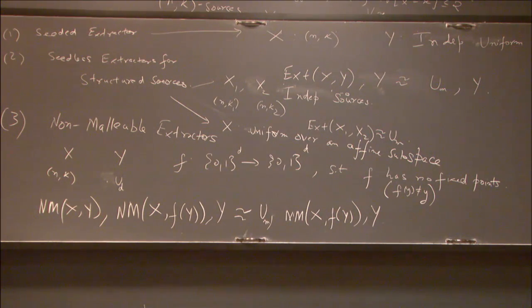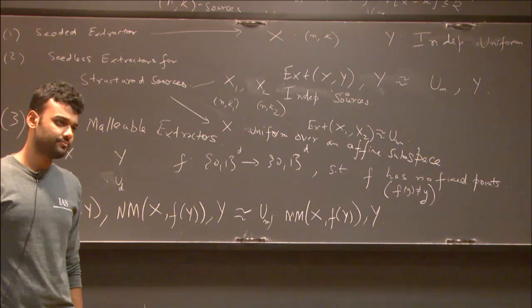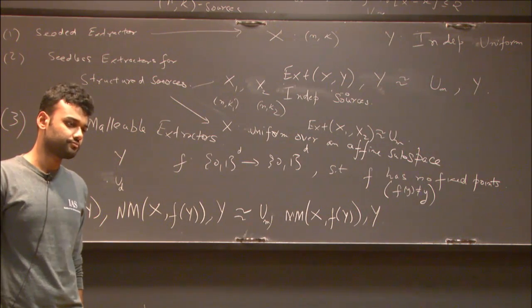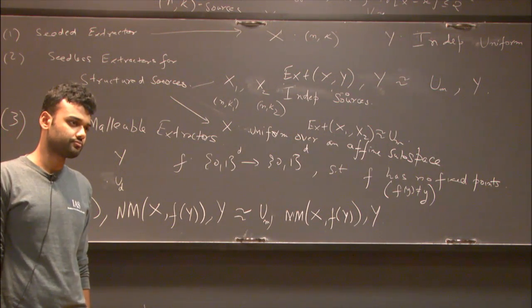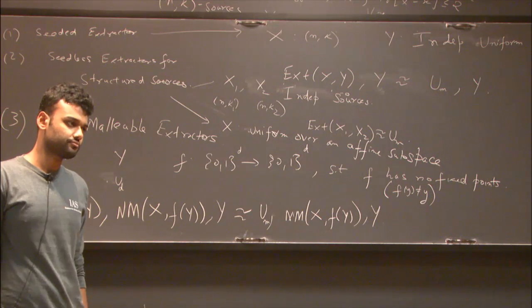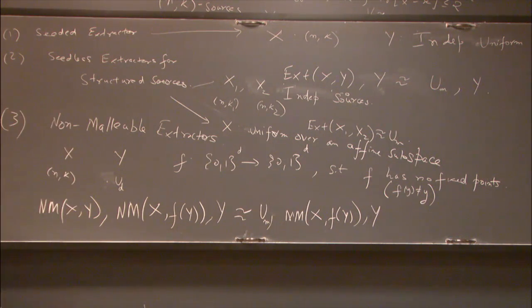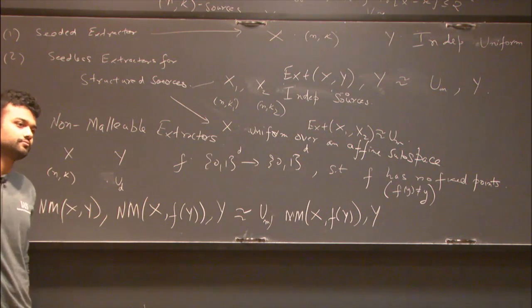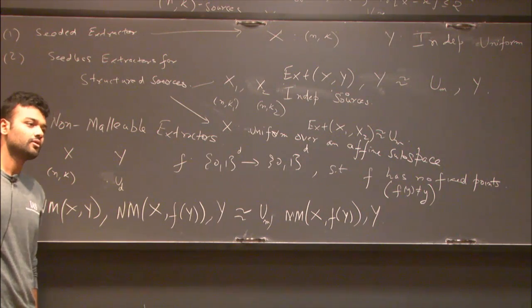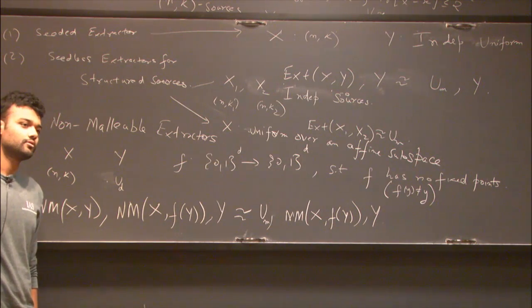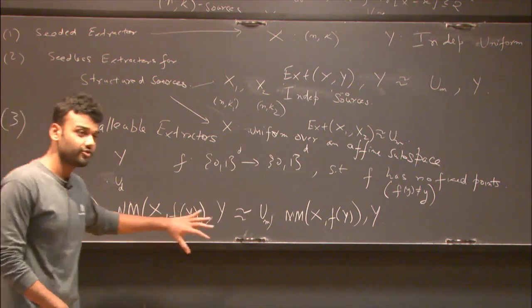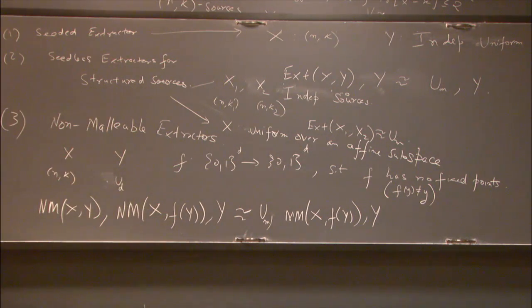In cryptography, there is an adversary that picks f, so it can want to do something different than a permutation. They can map multiple things to the same thing. Just asking what is the motivation, where does it come from? Oh, the motivation of non-malleable extractor. Oh, so yeah. All right, yeah.